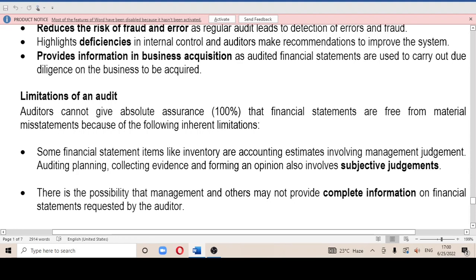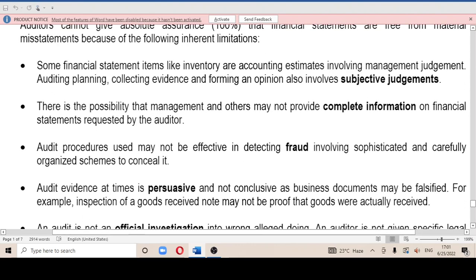The first one is to do with subjective judgment. This is because accounting estimates involve management judgment. Since they have just estimated certain items like inventory, you would find that collecting evidence and forming an opinion also involves subjective judgments. Then the second one, the information which is provided is not complete.